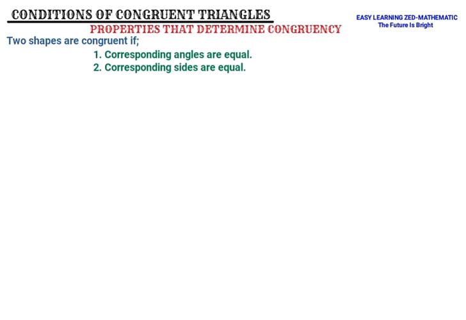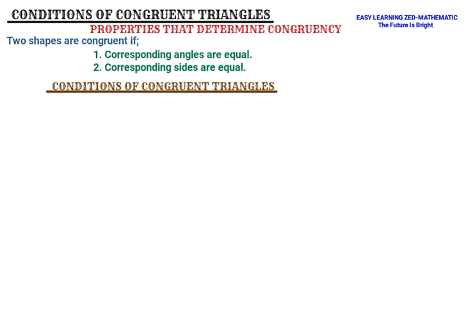Congruent shapes are those which have corresponding angles which are equal, and corresponding sides which are equal. Those are congruent shapes. Now let's look at the conditions of congruent triangles.